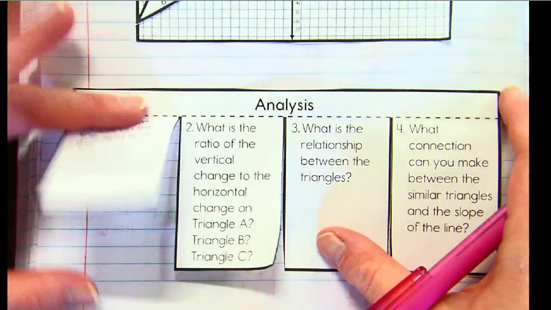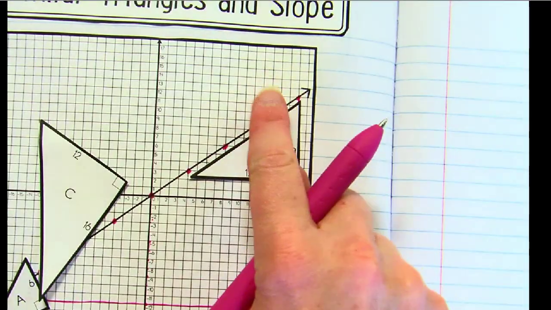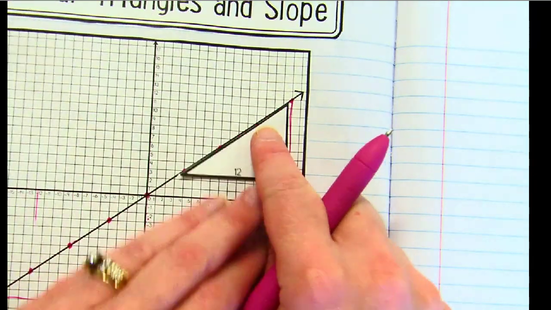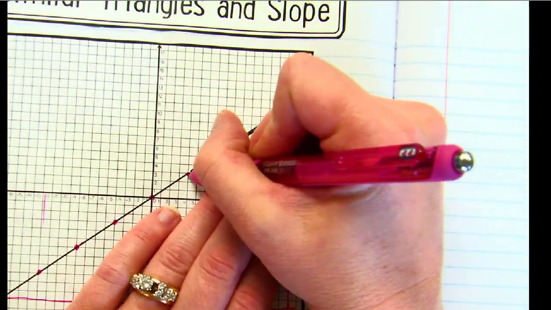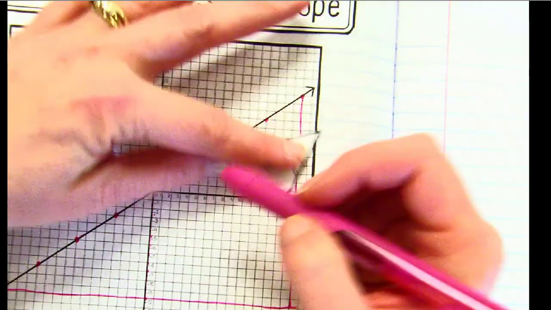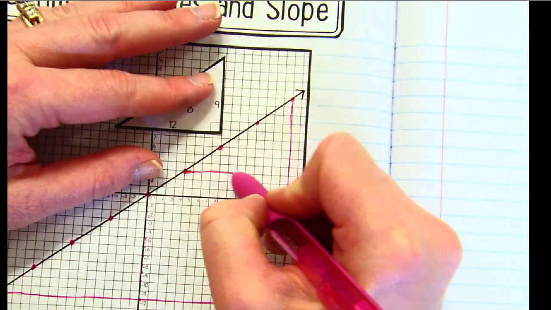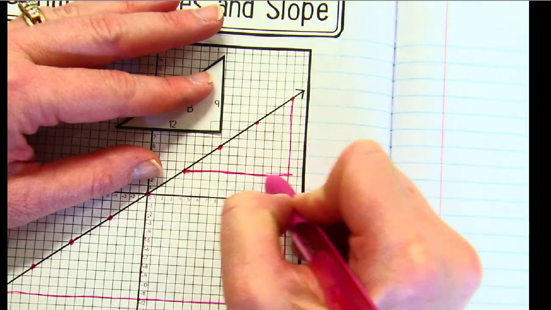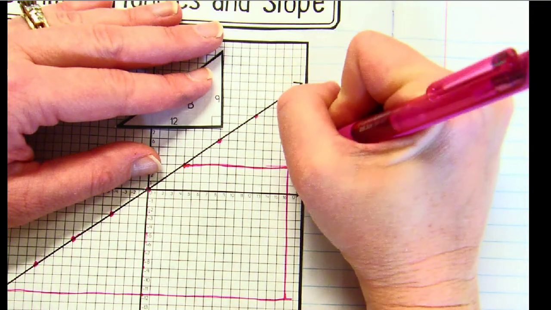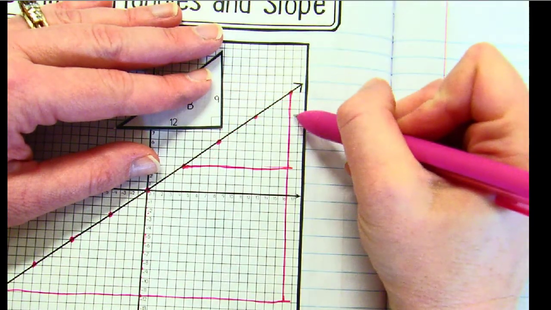Now I used this triangle B to do that, okay? So if I look from here at 4, 3 to 16, 12, do you see here?